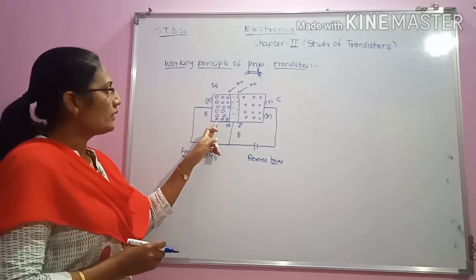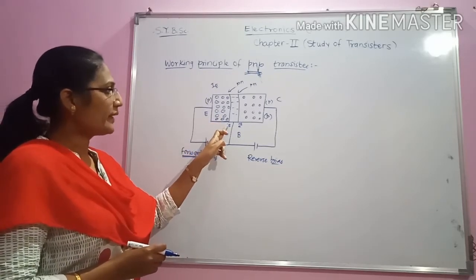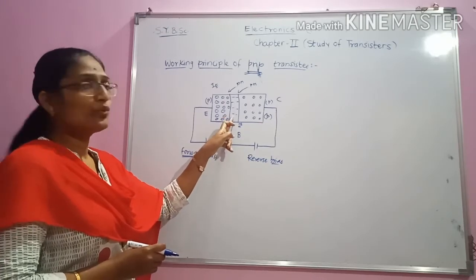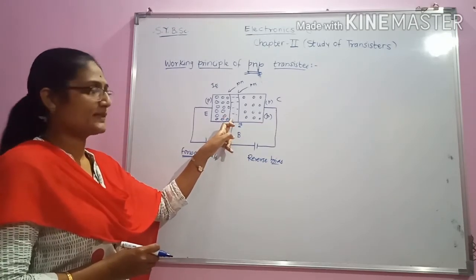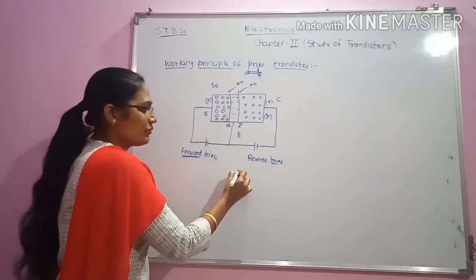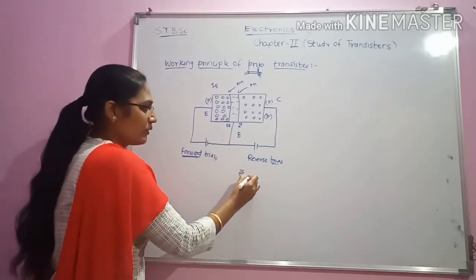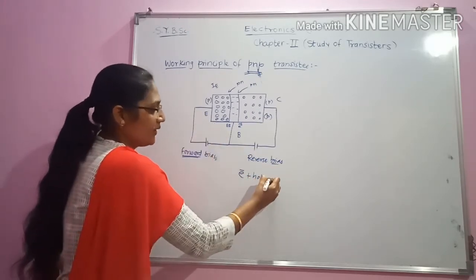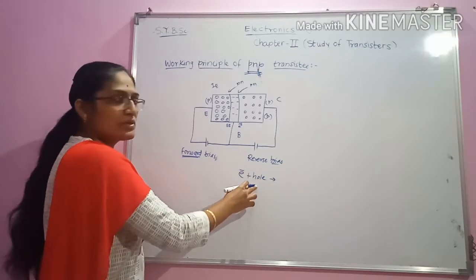Now, the holes crossing the emitter base junction reach the base section of the transistor, and here in the base section there is a presence of electrons. The holes coming from the emitter recombine with the electrons.